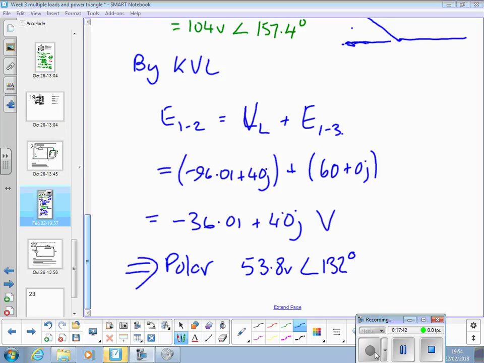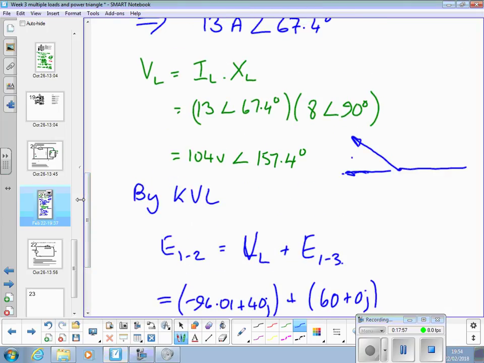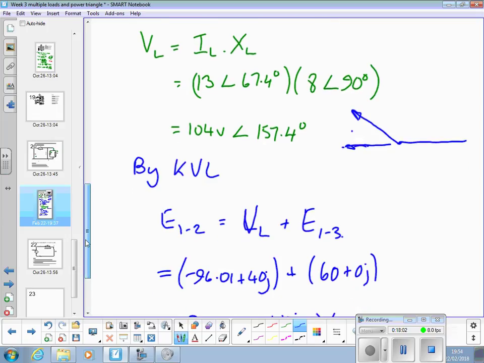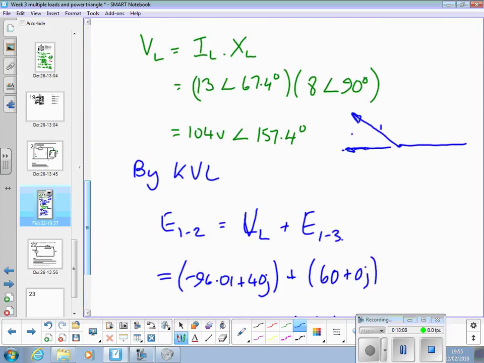Because we got a negative real part, we know it must still be in that third quadrant. If you look at our diagram, this is 104 long over that way, and the real part, the other one, is 60 that way.